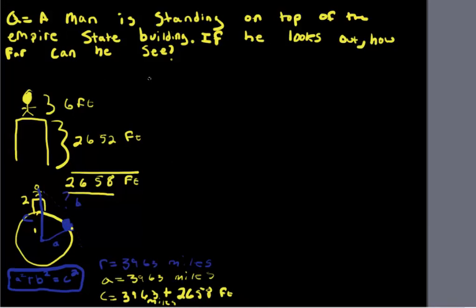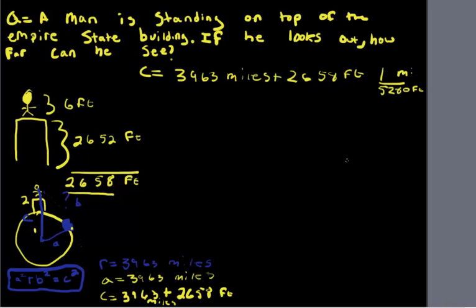So then we're going to have 3,963 miles plus 2,658 feet. Now the one that's easier to convert is going to be 2,658 feet to miles. And the conversion factor is that 1 mile is equal to 5,280 feet.